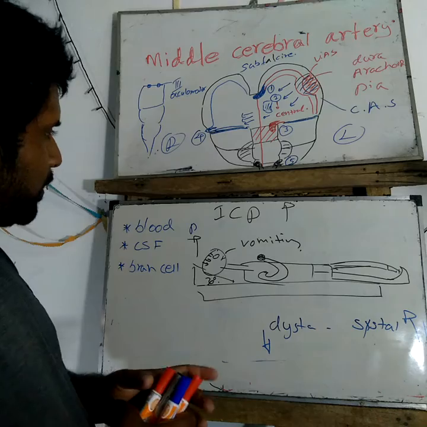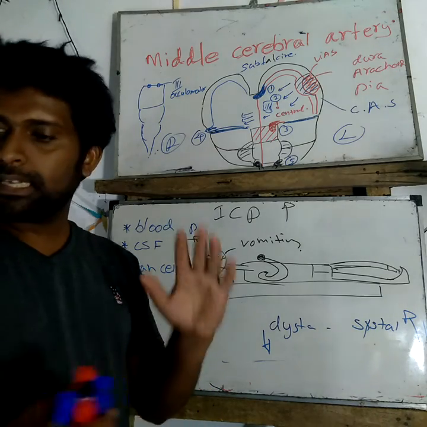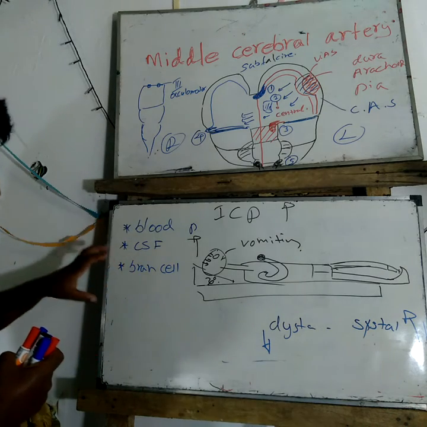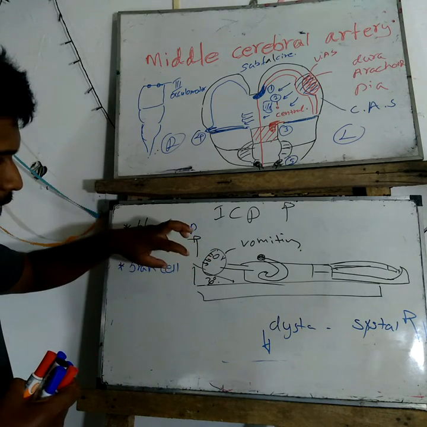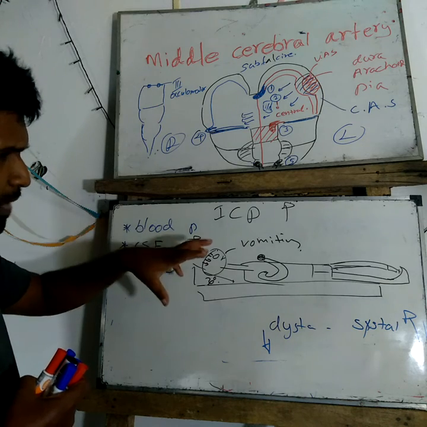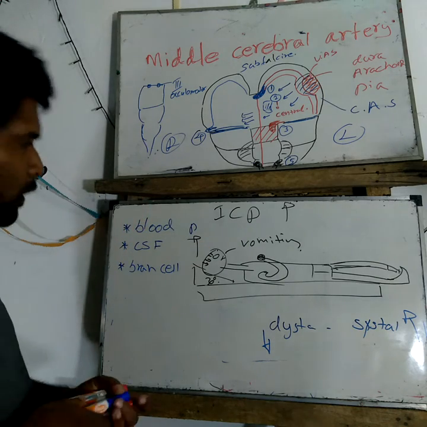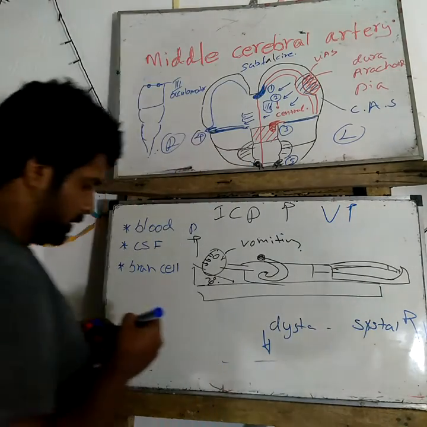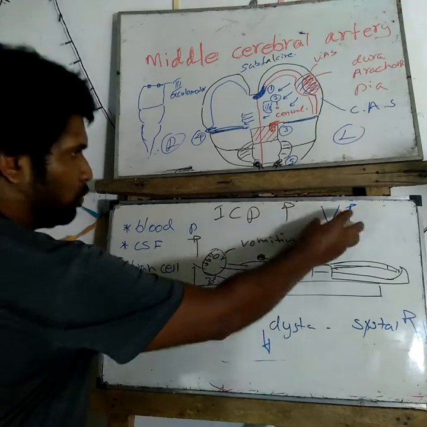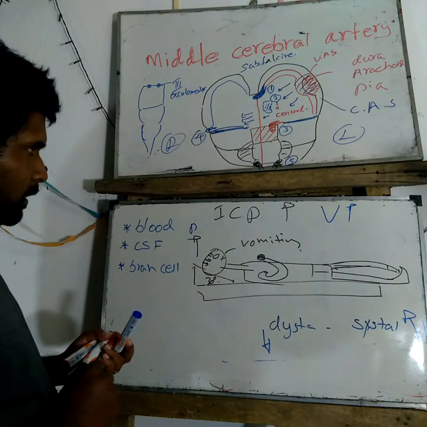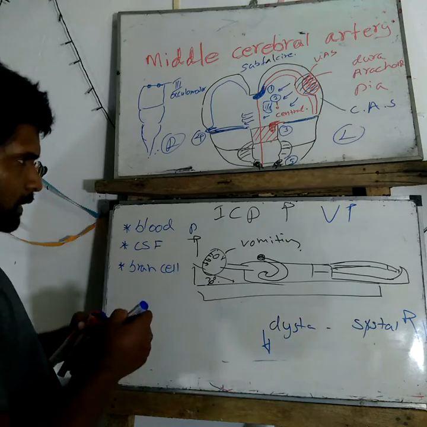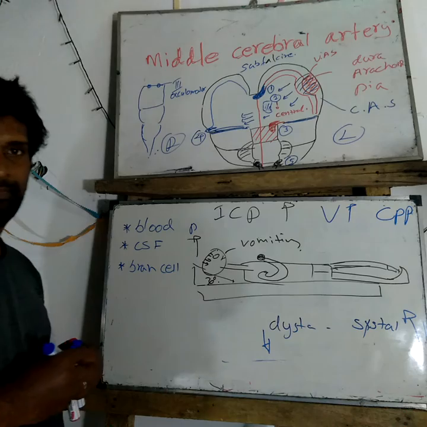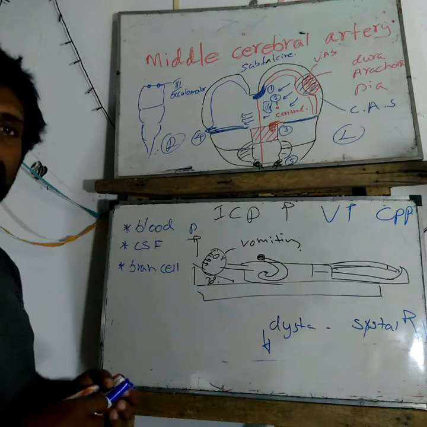When the intracranial pressure goes high, the volume of these three inside the brain goes high. Due to this high volume inside the brain, the cerebral perfusion pressure also goes high.